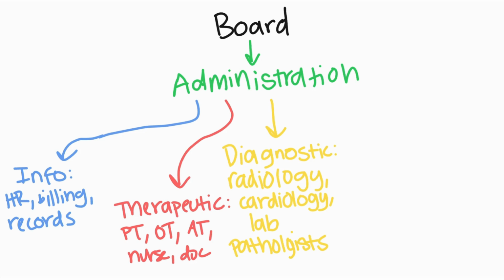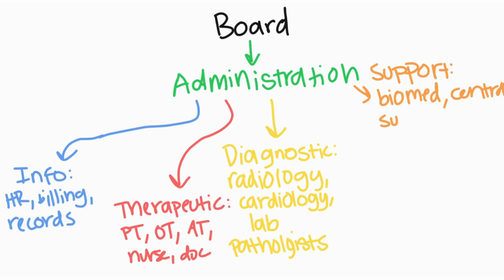And then finally, there's going to be the support system. The support system is going to support the entire hospital. Which is going to be central supply, right? Biomed. Now let's do a drawing for this. You're going to be asked to do a drawing.